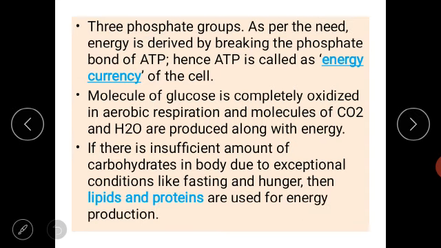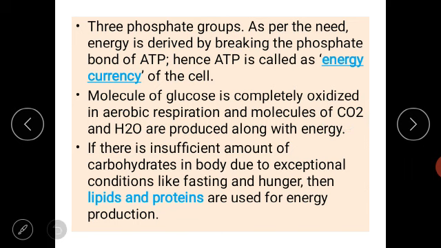A molecule of glucose is completely oxidized in aerobic respiration. This is a very important point to note: a molecule of glucose is broken down in the presence of oxygen in aerobic respiration, and molecules of CO2 and H2O are produced, along with the energy.